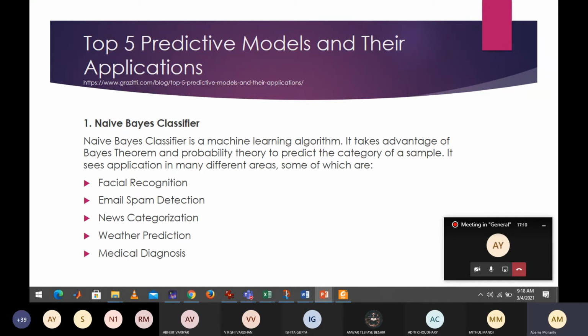The naive Bayes classifier is the basic classifier that also helps you in predicting. You might use it in facial recognition, email spam detection, and weather prediction. You might have already used the naive Bayes algorithm and how it is implemented. That is a basic example of a predictive model where it can predict the outcome.